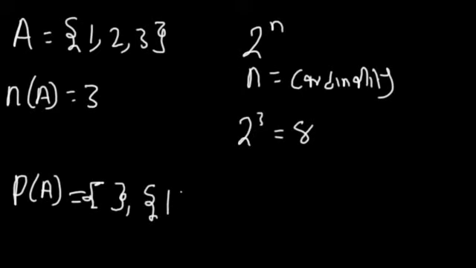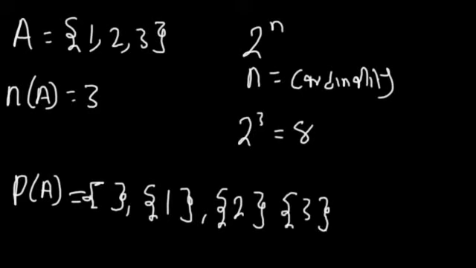So {1} will be a subset of A. {2} will also be a subset of A. {3} will also be a subset of A. The next thing is to start associating them together. So we have {1, 2} as a subset of A. And the next one is {1, 3} as a subset of A.